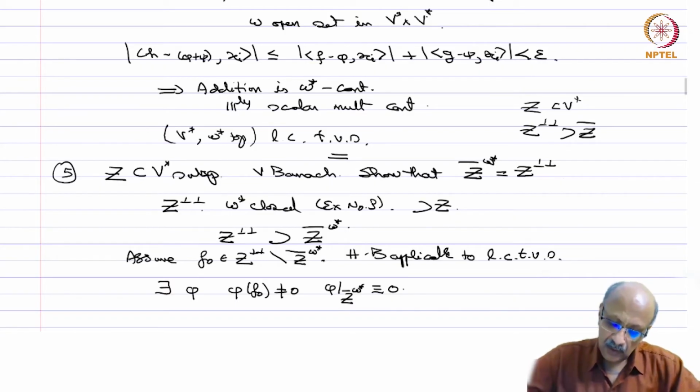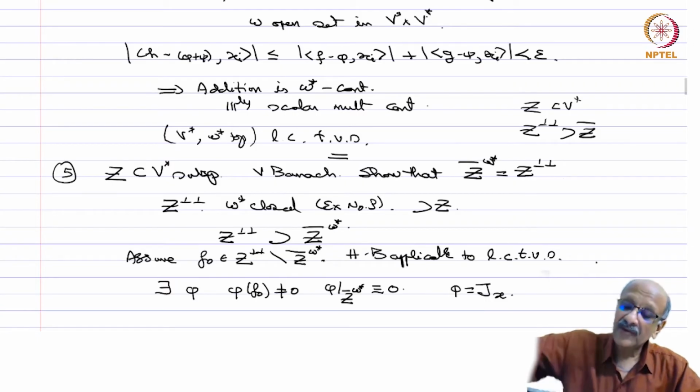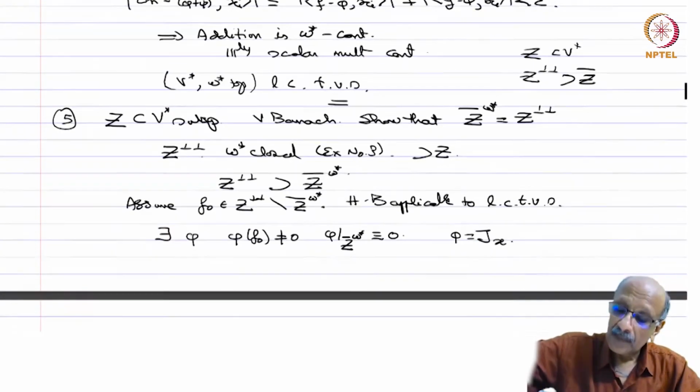Okay, so we want to get a contradiction. But what is phi? A continuous linear functional in the weak star topology, we saw the only possibility is that it is of the form Jx. So we said the weak star topology was formed in terms of the Jx's, but we later proved a proposition that every continuous linear functional with respect to the weak star topology has to be of the form some Jx.